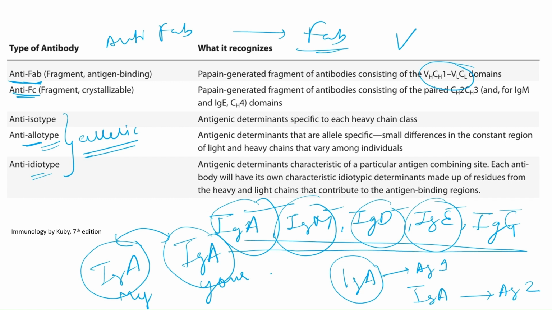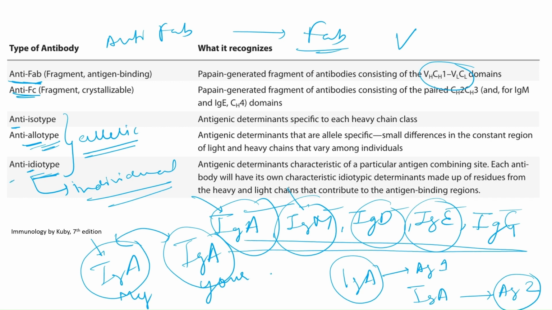Idiotype, idio, remember, individual. It is the individual's antibody which is different from the individual's other antibody. So IgA which is specific for one antigen of my body will be different from IgA of my body which is specific for antigen 2. That is an idiotype.